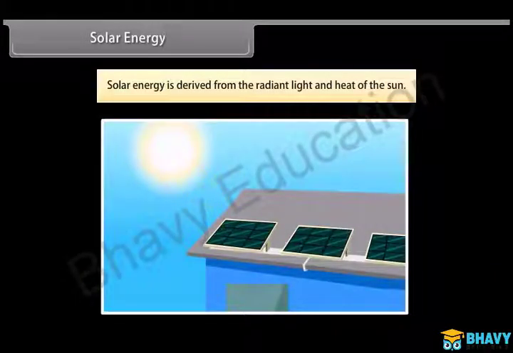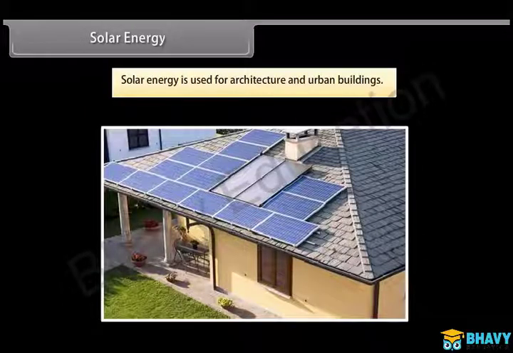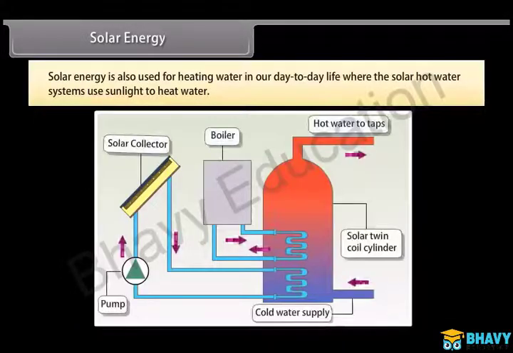Solar energy. Solar energy is derived from the radiant light and heat of the sun. It has been used by humans since ancient times for a range of technologies. Solar energy is used for architecture and urban buildings. Solar energy is also used for heating water in our day-to-day life, where the solar hot water systems use sunlight to heat water.